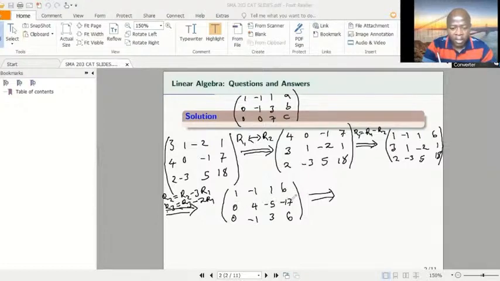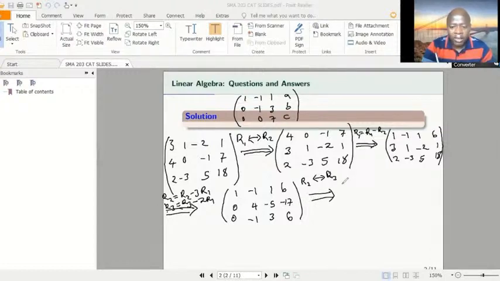What is that option? That option is to interchange row 2 and row 3. And that is what I use in this question. As I said at the beginning, this question just wants to see whether you can use the elementary row operations. There are several elementary row operations and you know them.